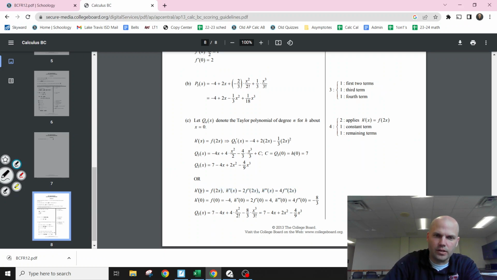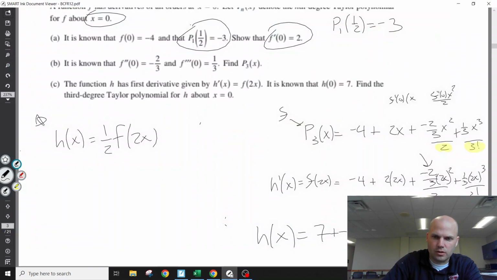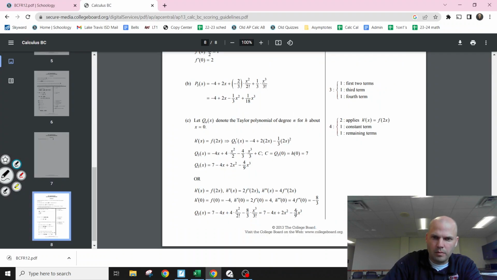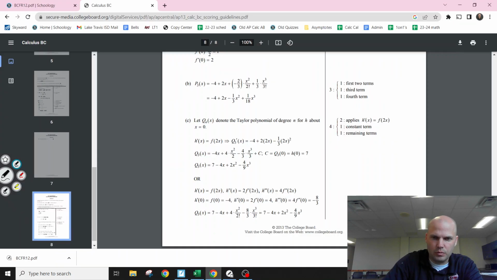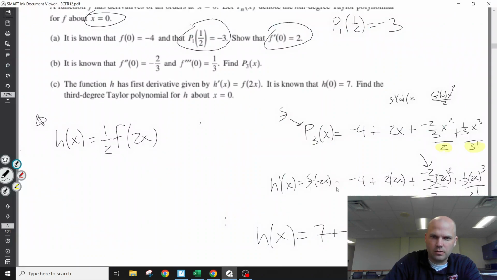Oh, that's fun where they use the derivatives. Oh, I like that. Anyways, you got 7 minus 4x plus 2x squared, got it. Minus, this is 4 ninths, x cubed. Boom. 4 points. Applies h prime equals f of 2x.